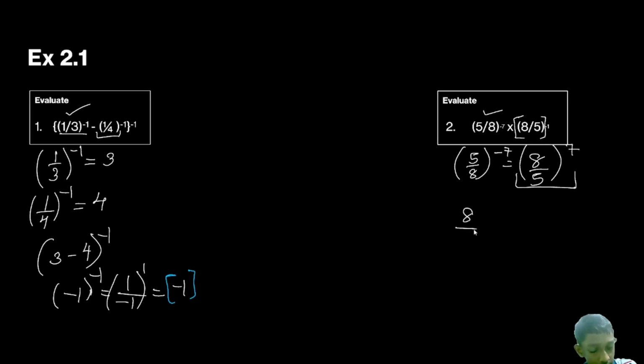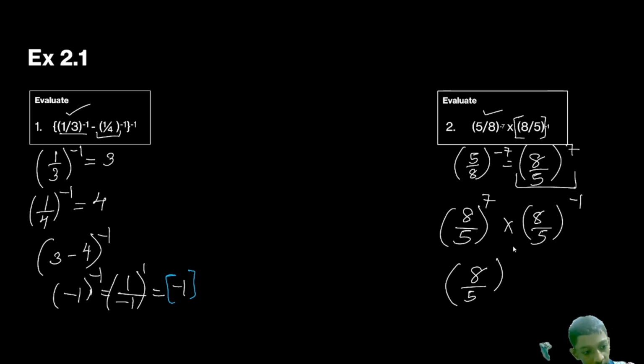So let's write it (8/5)^7 times (8/5)^(-1). Since the bases are same, let's write the common base out. Since there's a multiplication, let's add those exponents. 7 plus of minus 1.